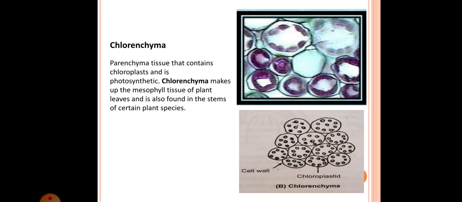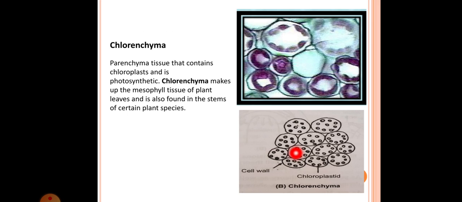The next is chlorenchyma. Chlorenchyma is parenchyma tissue that contains chloroplast and is photosynthetic. Chlorenchyma makes up the mesophyll tissue of plant leaves and is also found in the stem of certain plant species.